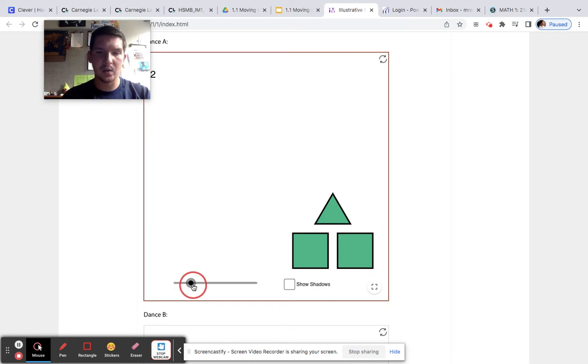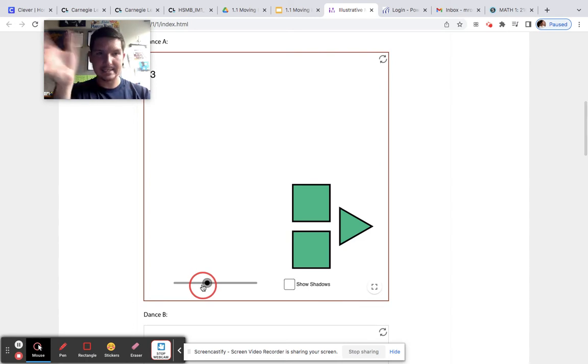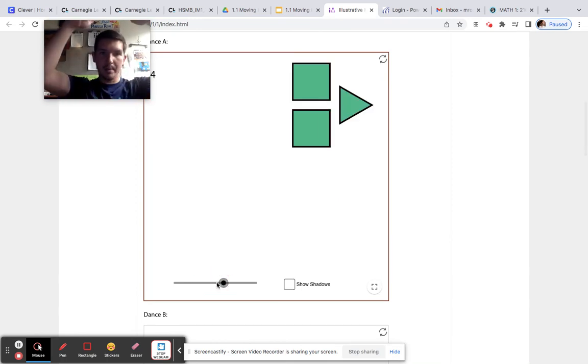And then it looks like it rotates. If you think about a clock, it looks like it rotates or turns about 90 degrees to the right. You could even say to the right or clockwise. Then it looks like it moves up 1 unit.